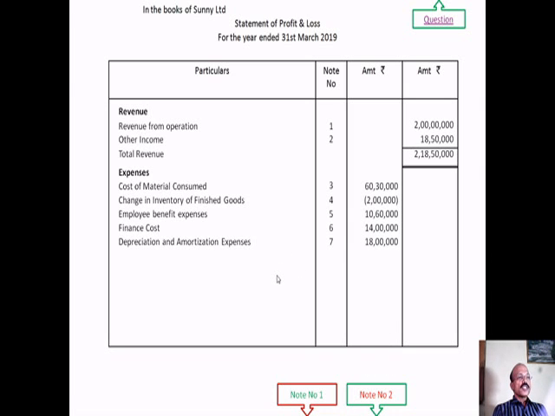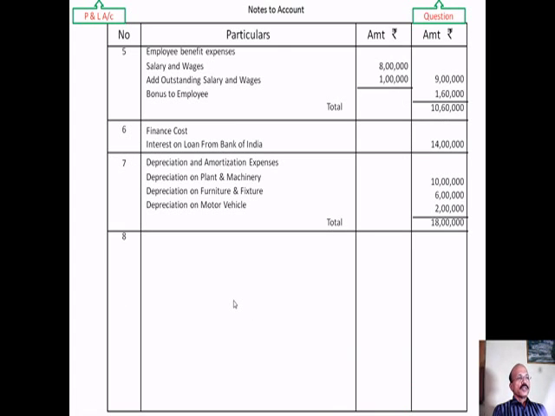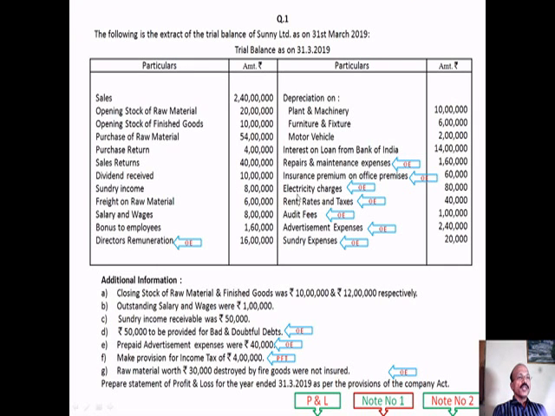The next item of a profit and loss account is other expenses. We'll prepare working note number 8. Let us check what are the items available for other expenses.